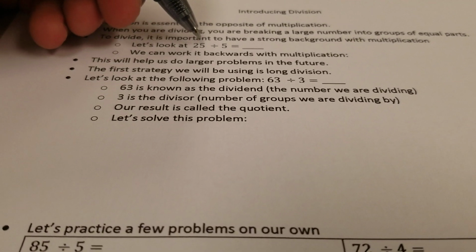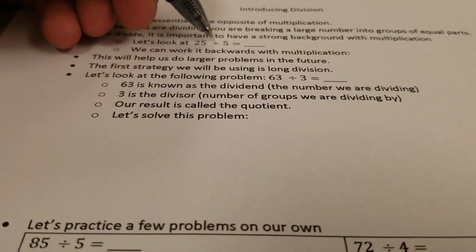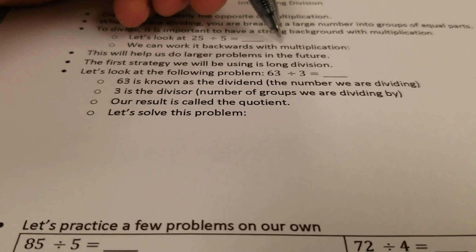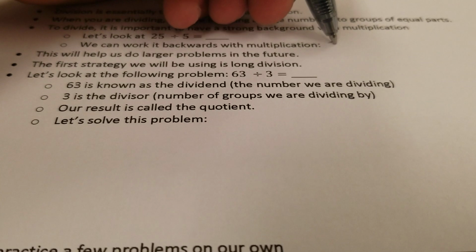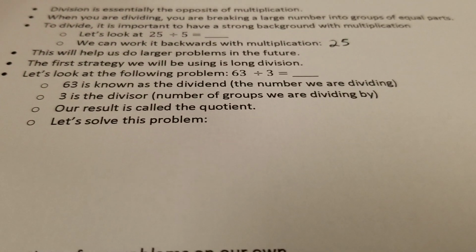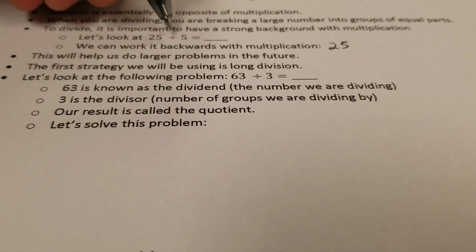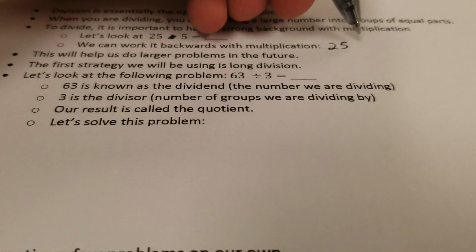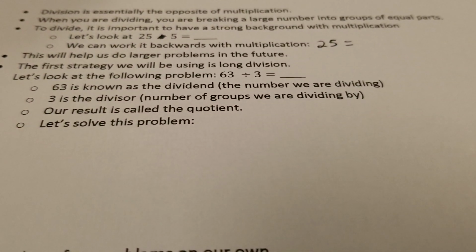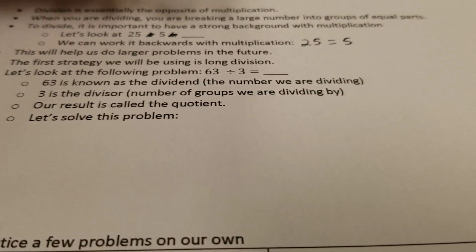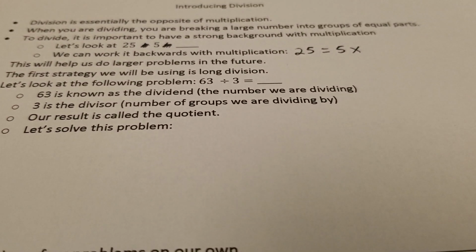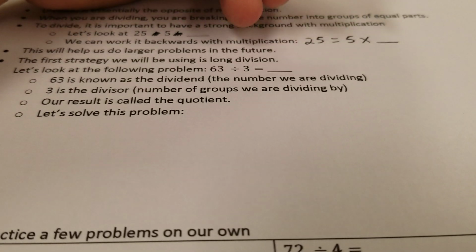So for example, let's look at 25 divided by 5. I can work it backwards with multiplication. So instead of writing it like this, I could change it: 25 stays the same, my division symbol will be transferred to an equal symbol, my 5 stays, and my equal symbol will be turned into a multiplication symbol, and I still have the blank.